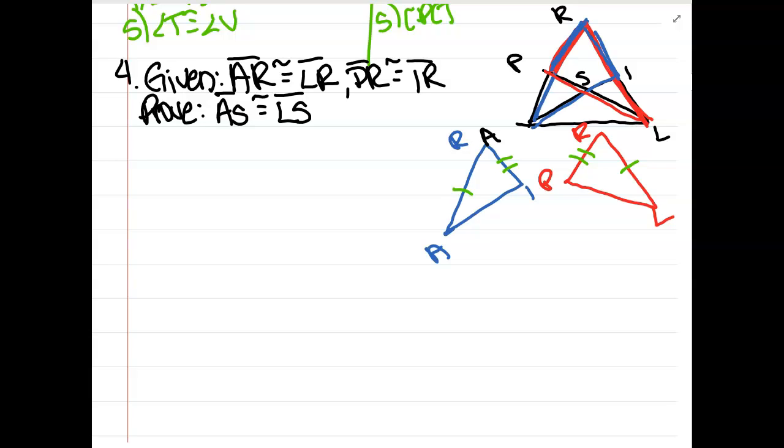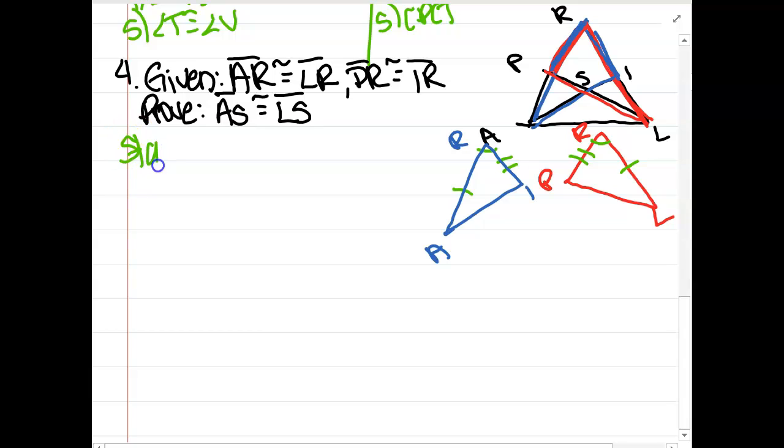What do they share? Yeah, that top one right there. See how they both have that angle R? So we know that those are congruent as well. So look at your markings. What am I going to use to prove these triangles are congruent? Side, angle, side. Very good.